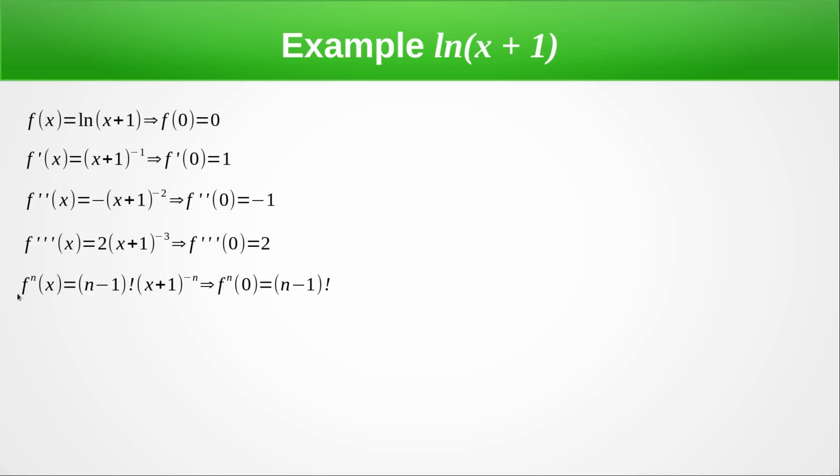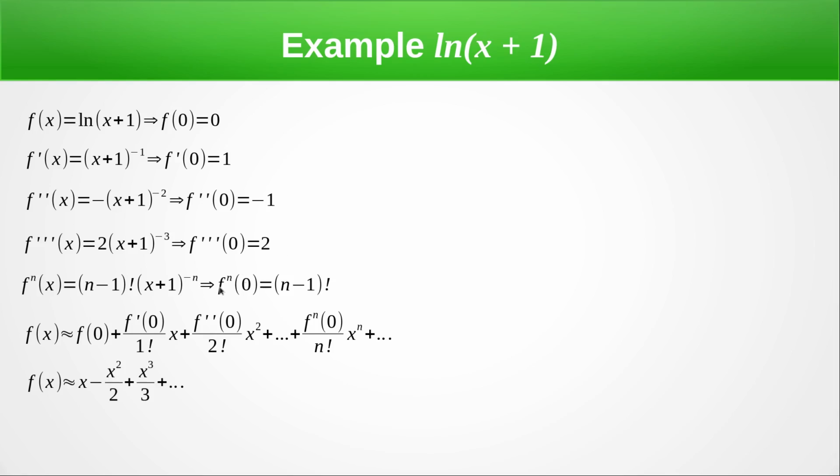Typically speaking, we're not going to be using the general term because we're after an approximation, we only want so many terms. So we substitute these values in, and you get this really simple formula for the natural log of x plus 1. It's x minus x squared over 2 plus x cubed over 3, minus x to the 4 over 4 plus x to the 5 over 5, and so on.